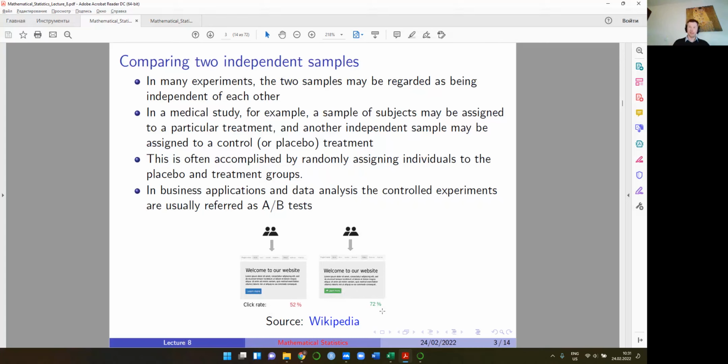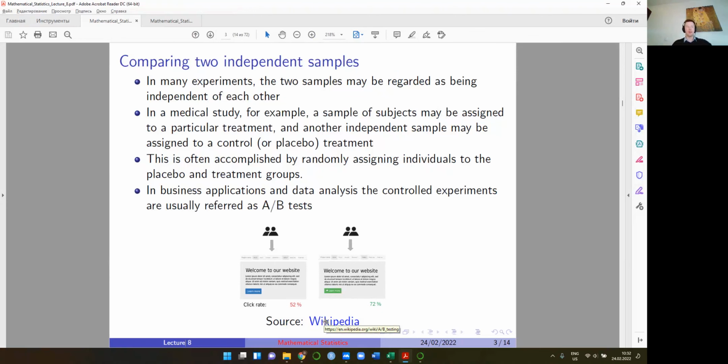Is this enough evidence to claim that this design is better and attracts more clicks than this? Well, here is the question of statistics, because we know that this is a random sample and this is another random sample, and the result, the 72% and 52%, is also a random outcome.